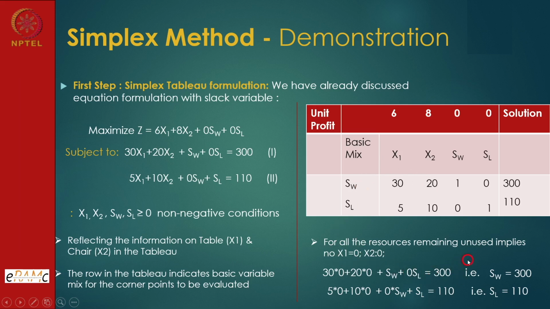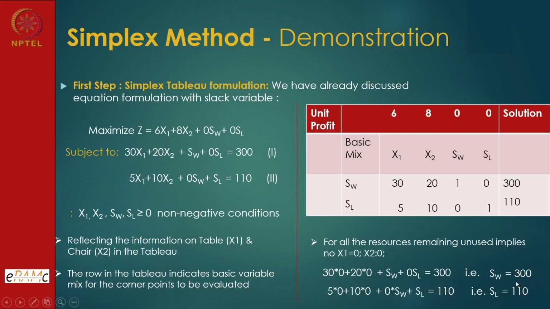For all the resources remaining unused, again we have done it earlier. So if x1 and x2 are equal to 0, then SW is equal to 300. Okay, and if x1 and x2 are equal to 0, then SL will be equal to 110.